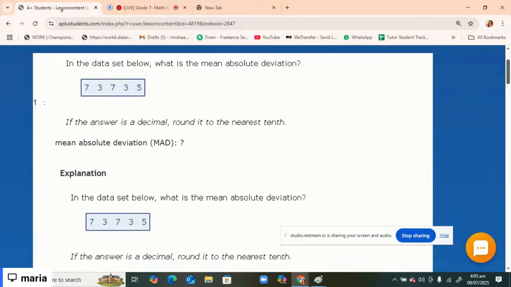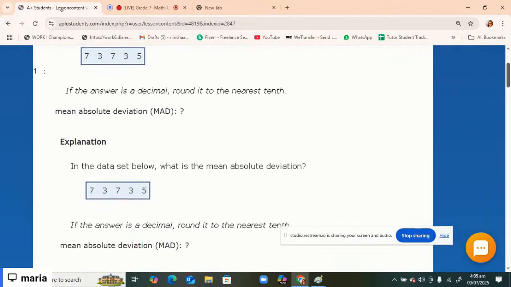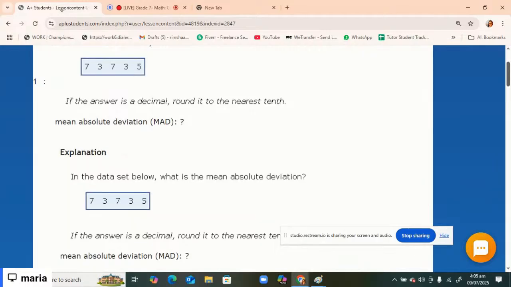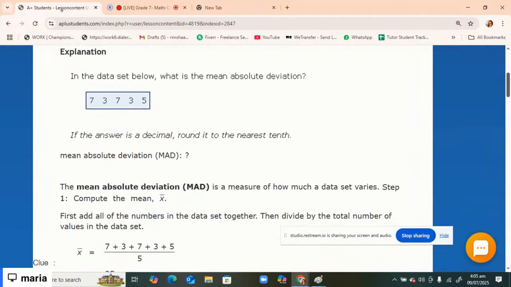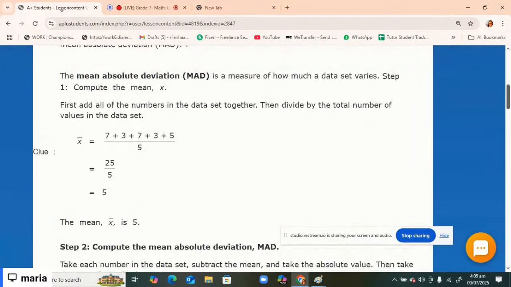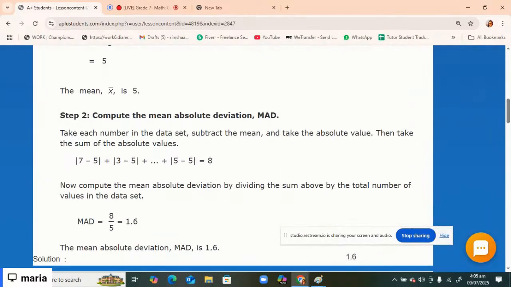So how do we find the mean absolute deviation? If the answer is a decimal, round it to the nearest tenth. So here is the data which is given. First of all, we are going to find the mean. That is our first step.